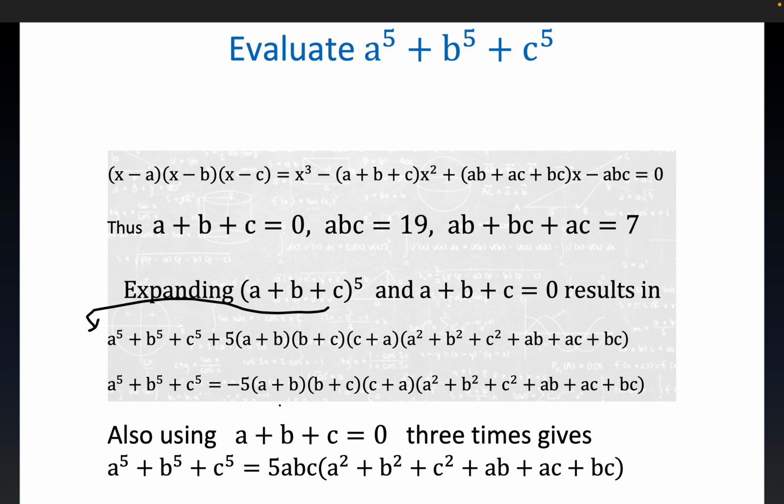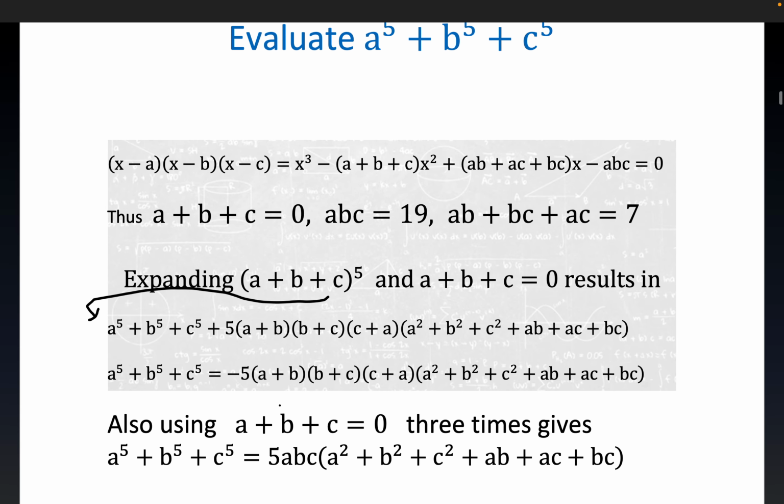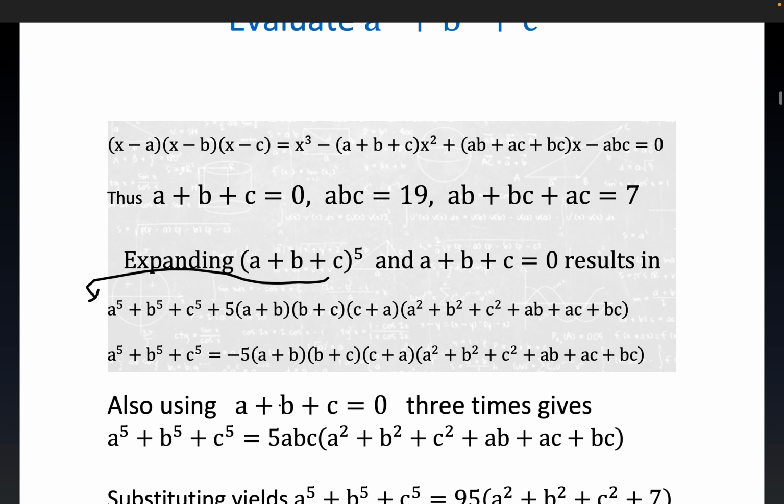We know this much, okay? Now, something that's super, super cool that I didn't notice until I looked at it for quite a long time is we use this 3 times to change this entire piece right here. See, this entire product right here just becomes 5abc mysteriously. How did that happen? Well, notice that a plus b is negative c. Right?